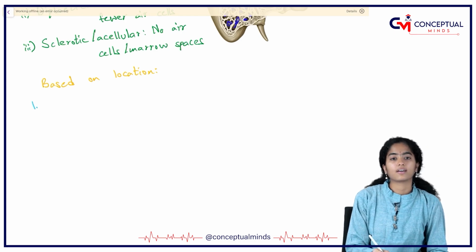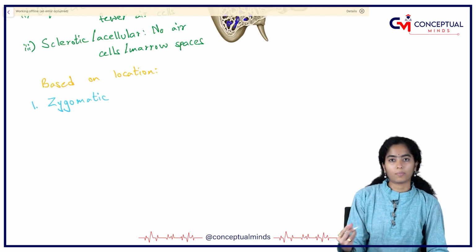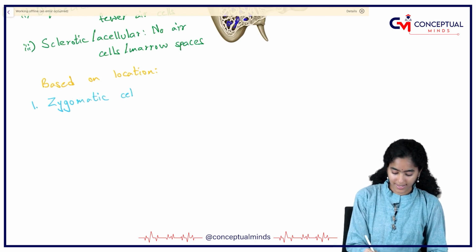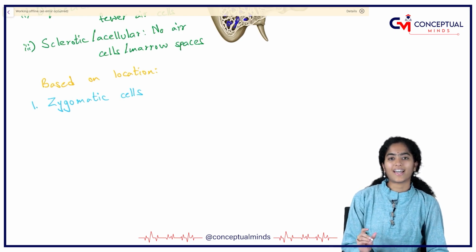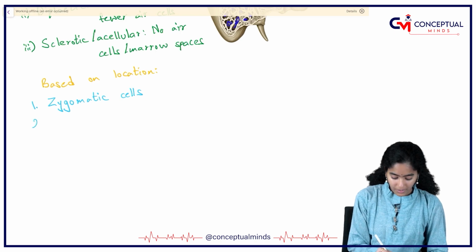First one is zygomatic cells. Where are they present? On the zygomatic process, inside, underneath. The air cells that are present there are called zygomatic cells. Next, tegmen cells.